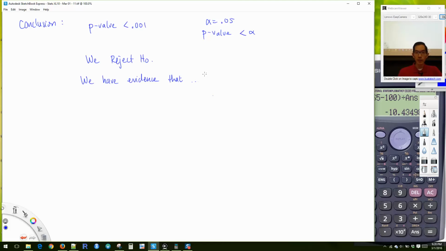The average weight of eggs is less than 100 grams. So our friend who claimed that the average weight of an egg is 100 grams is wrong. We have evidence that the average weight of eggs is less than 100 grams. So now we can settle our argument, and that's that.